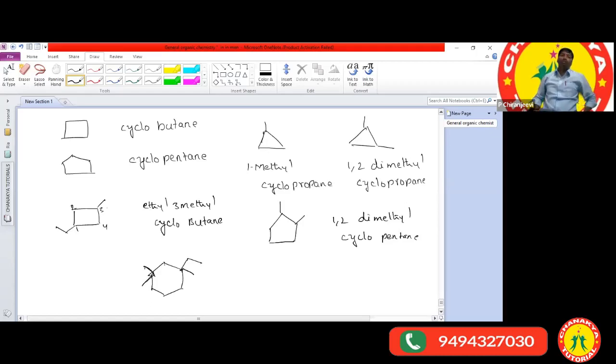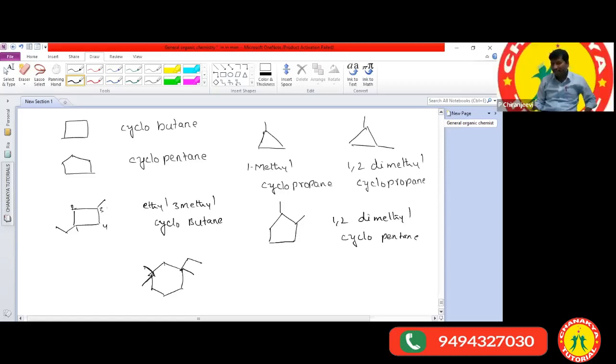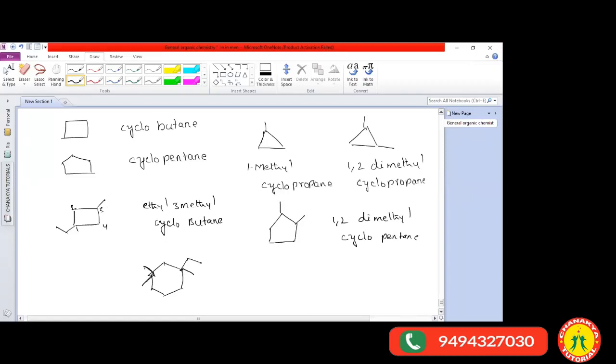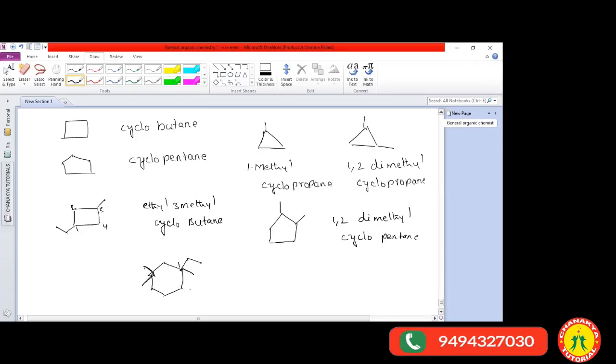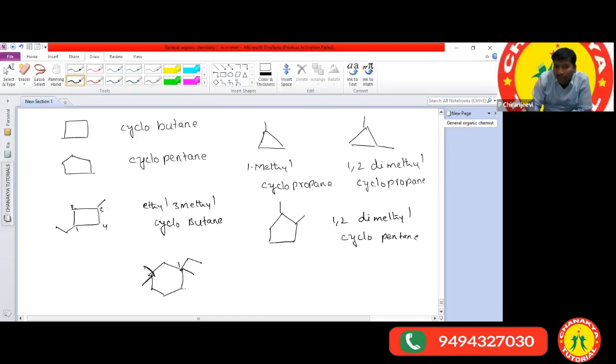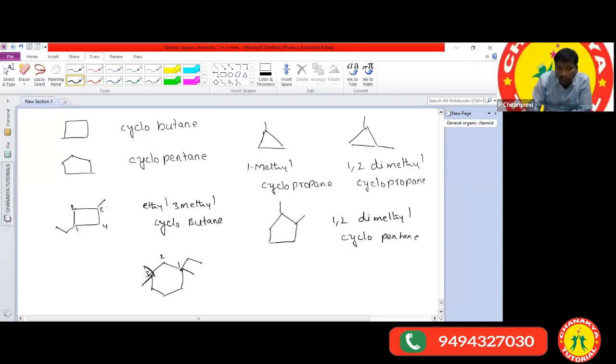Last structure. What is the IUPAC name of the given compound? In which direction can I give the numbering, clockwise or anti-clockwise? Clockwise means the substituents will get bigger numbers, so anti-clockwise. So 1, 2, 3, 4, 5, 6 are there.